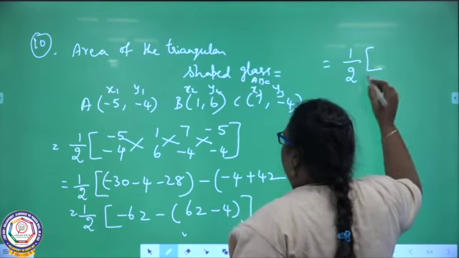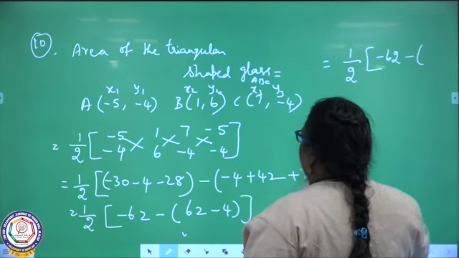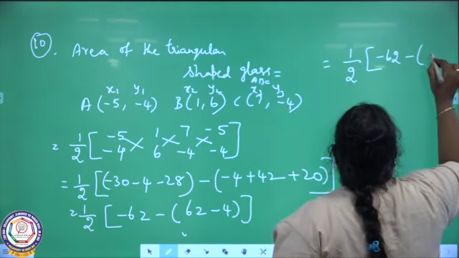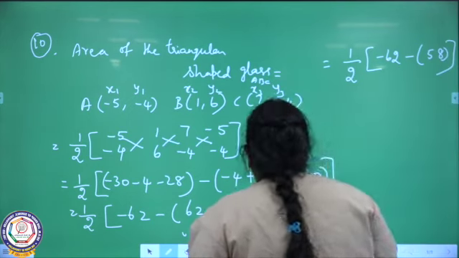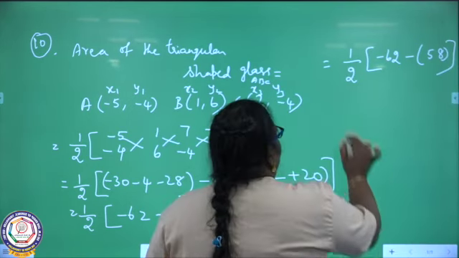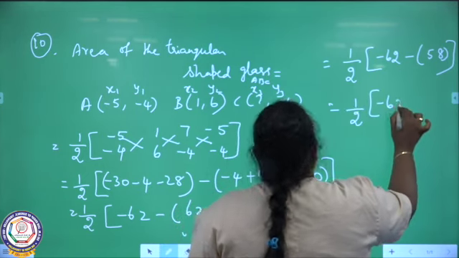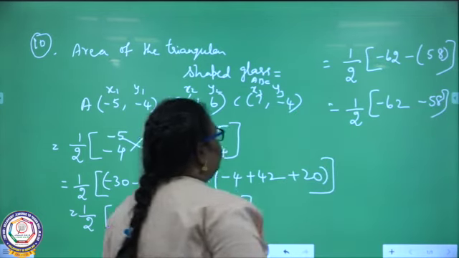So 1 by 2 into minus 62 minus of 62 minus 4 becomes 1 by 2 into minus 62 minus 58.